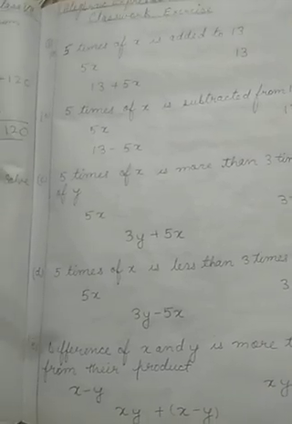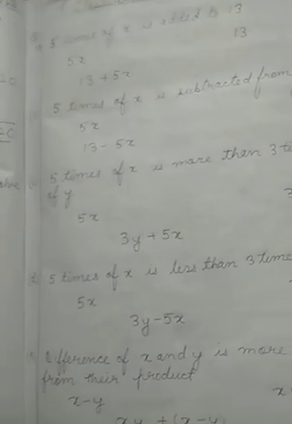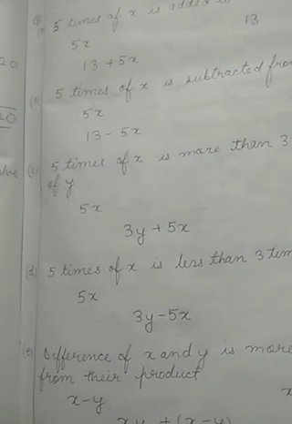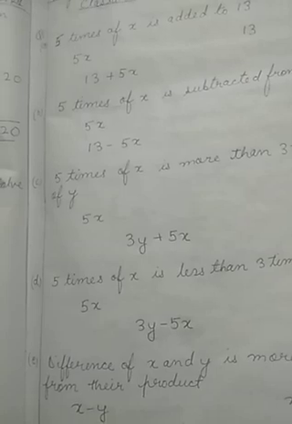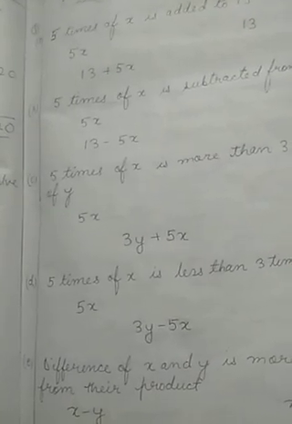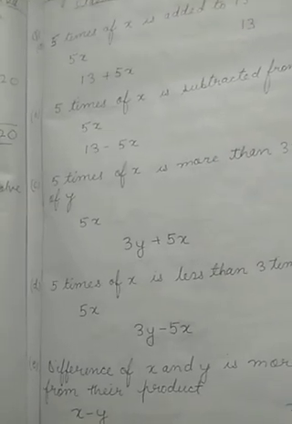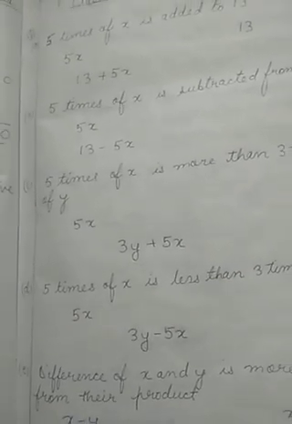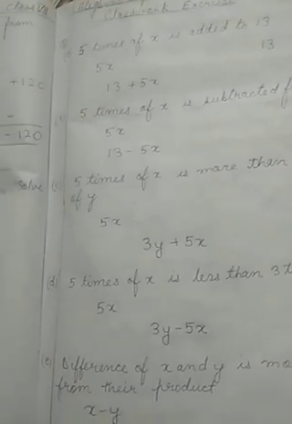Now remember, while doing these things, 3-4 things you should remember. The first thing is that while adding, the term used is sum. In many places you will read the term sum, and for the subtraction it will be difference. For multiplication it's a product.